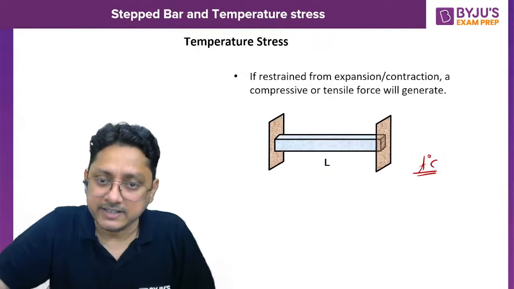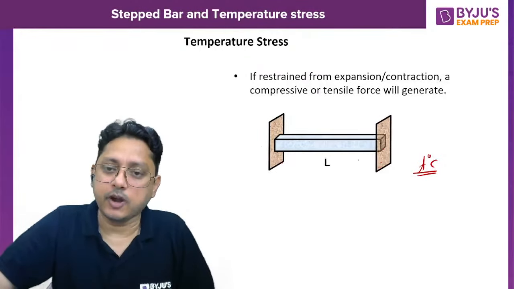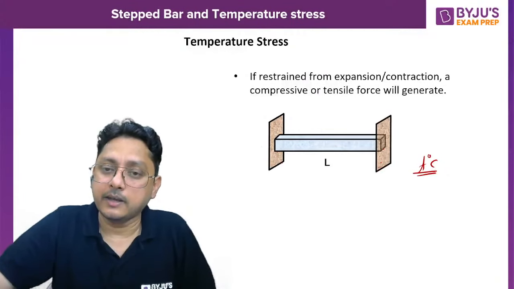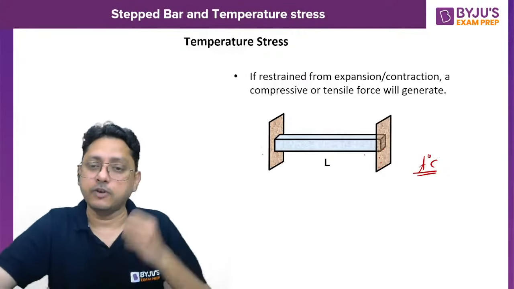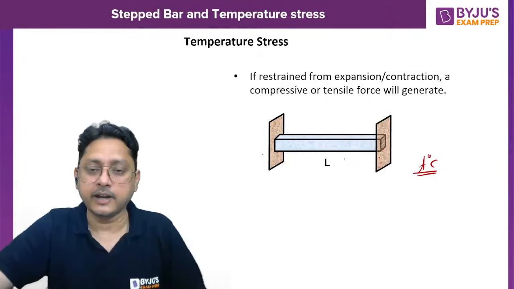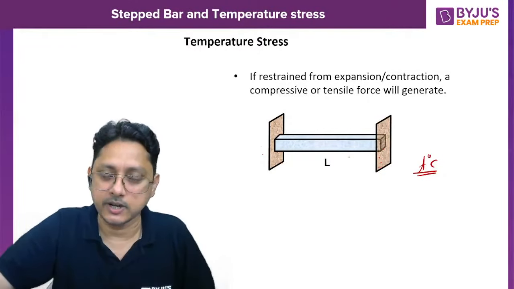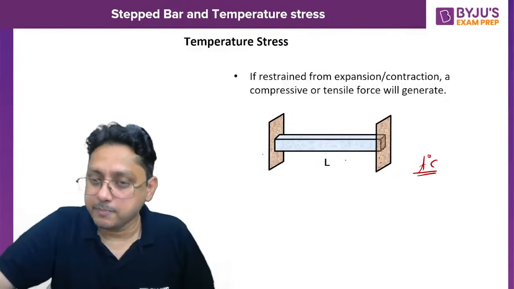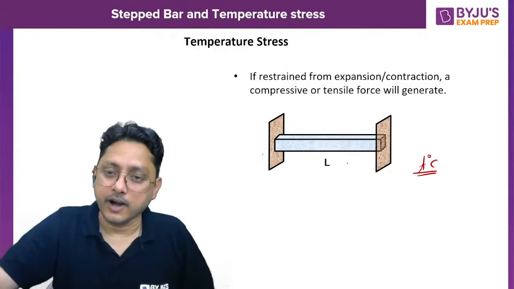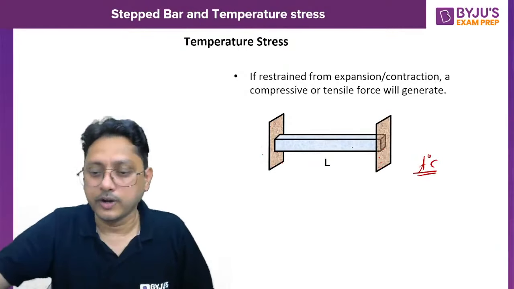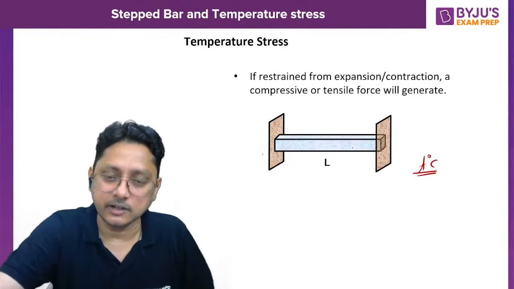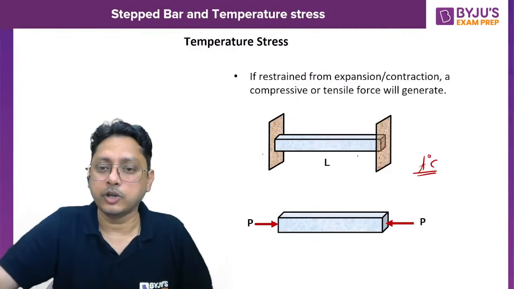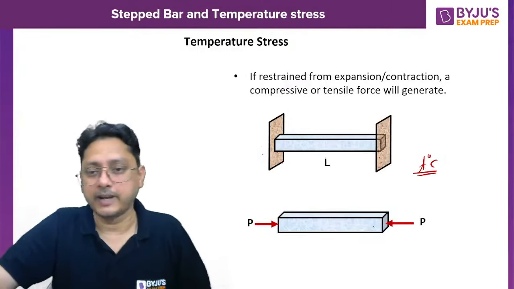Or maybe if it is fixed and you are reducing the temperature, the bar will try to contract, and the fixed position will not allow the bar to contract, and a tensile force will generate. So the tensile or compressive force will generate based on whether you are raising or lowering the temperature. If you are raising the temperature, the bar will not be able to expand, and a compressive force will get generated.